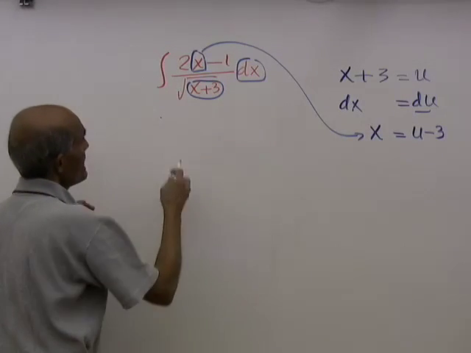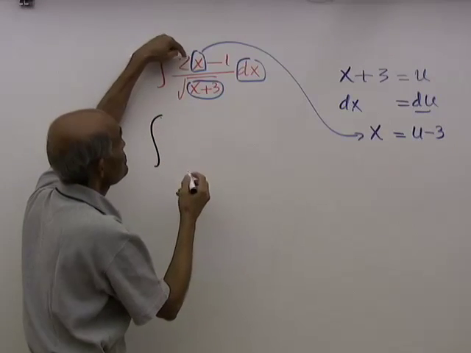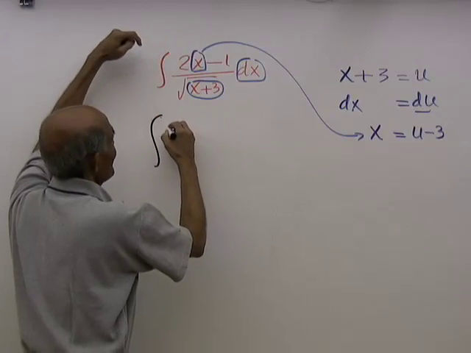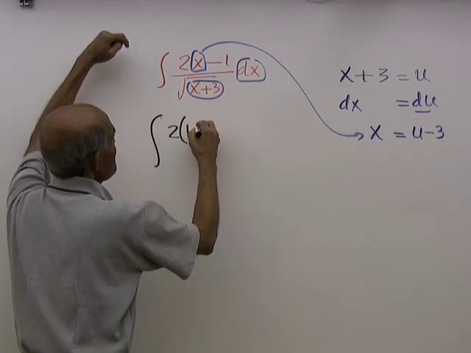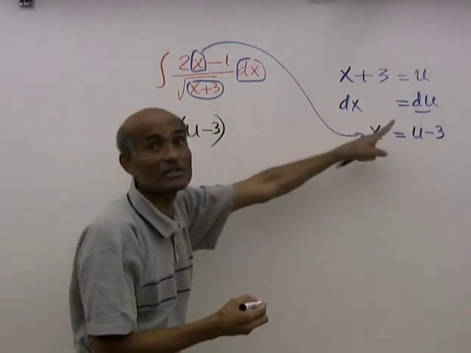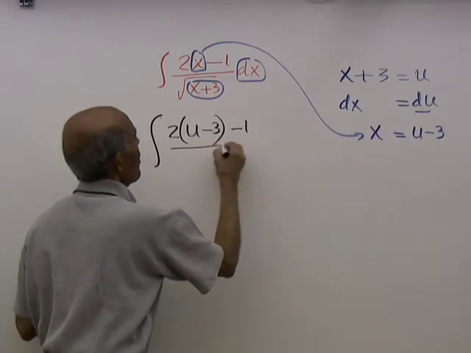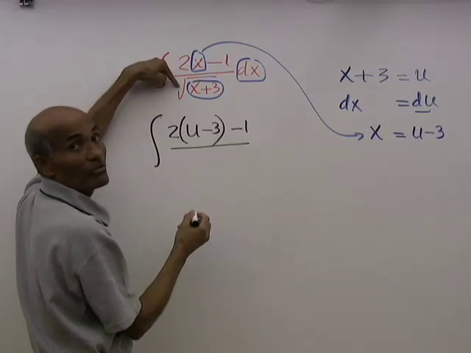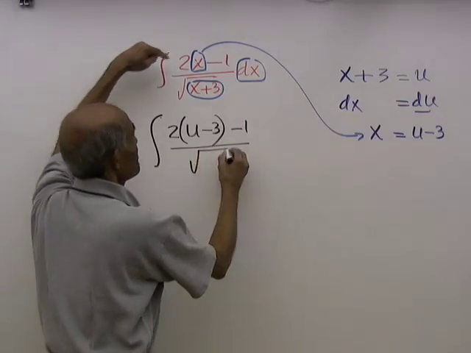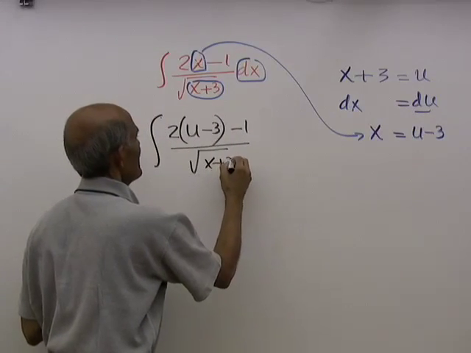The integral now becomes the integral of 2x minus 1, which becomes 2 times (u minus 3) minus 1, over the square root of x plus 3.